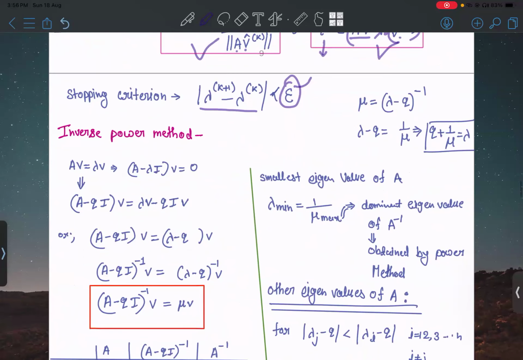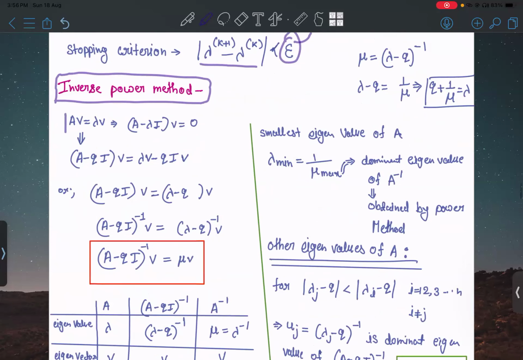Suppose I want to find the other eigenvalues. That I can find by using the inverse power method. How can we find them using the inverse power method? Suppose we have some square matrix A, with eigenvector V and eigenvalue lambda.